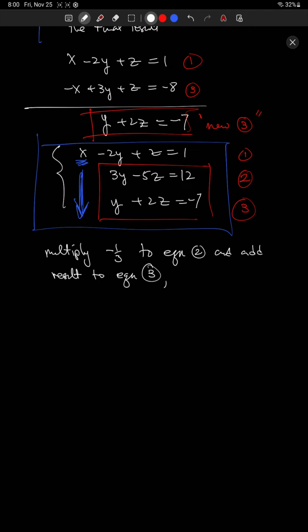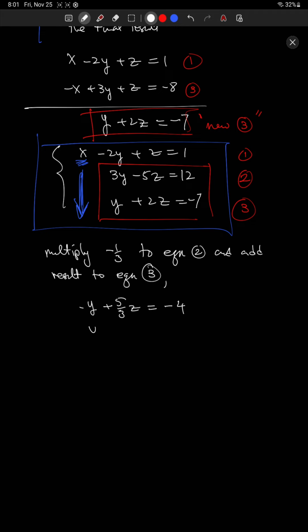Because I notice if I multiply minus 1/3 to 3y and I add it to y, well, minus 1/3 times 3y gives me negative y. And then when I add it to the y's, they will cancel. All right, so let's do this. So minus 1/3 to equation 2 gives me y minus 1/3, so plus 5 over 3z is equal to minus 4.